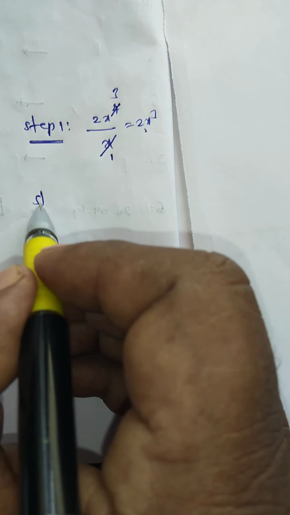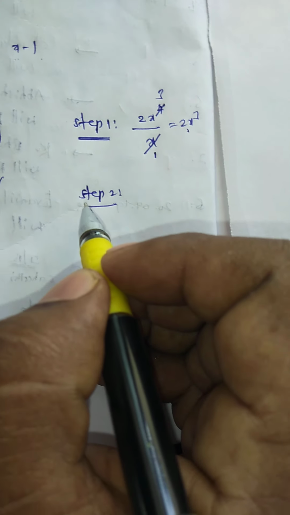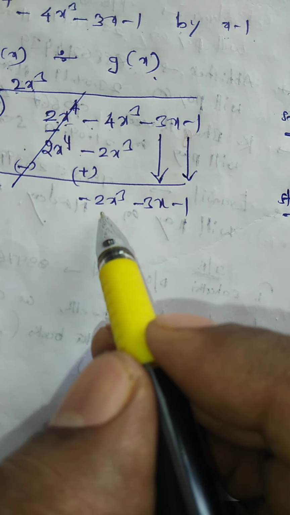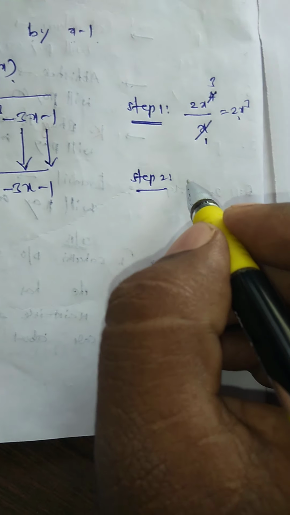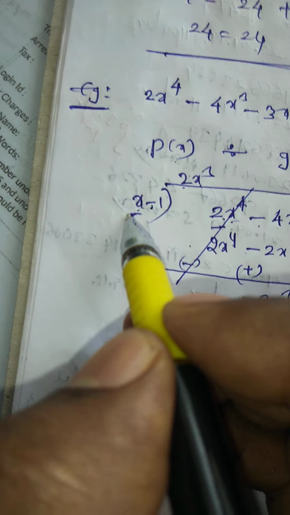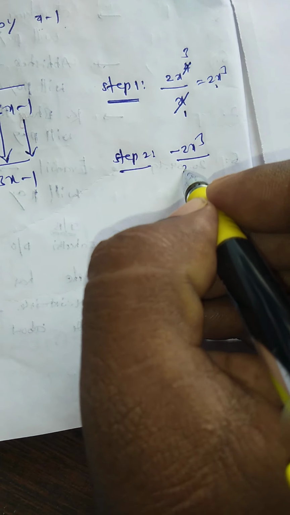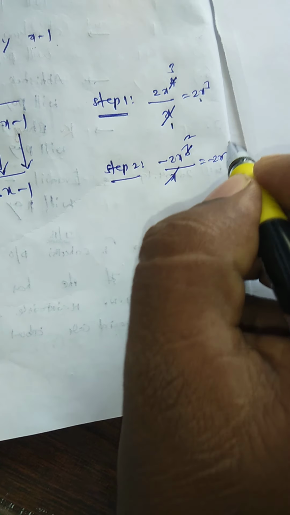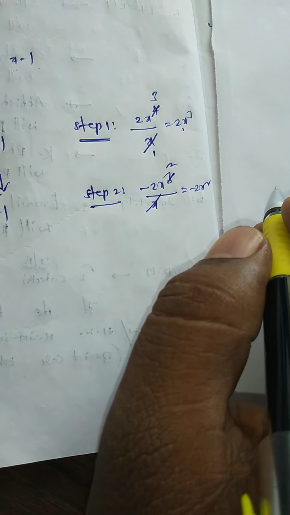Here we take step 2. How can we get step 2? The remaining part in the dividend, the first term is minus 2x cube, by the same divisor's first term in the denominator, x. x cube by x is x square, that is equal to minus 2x square we got.